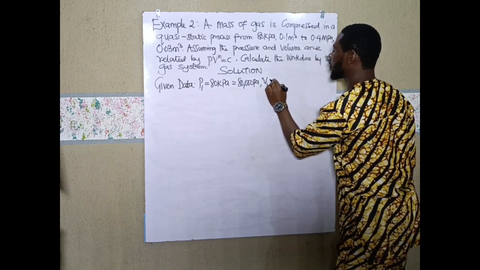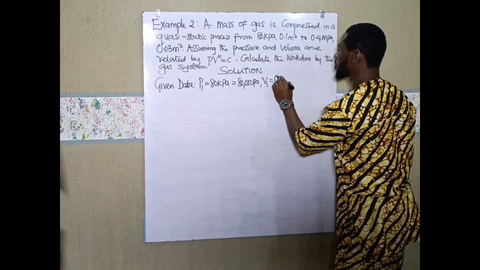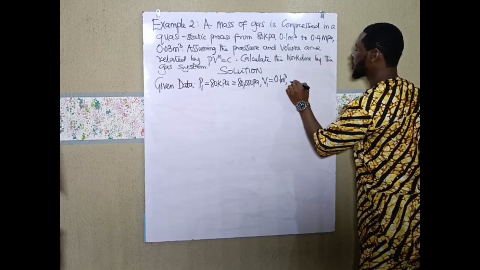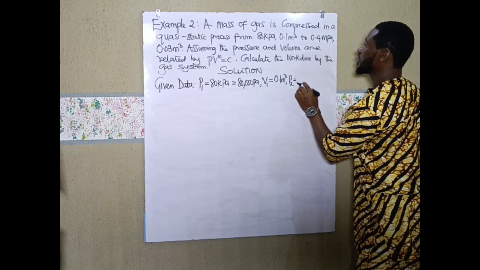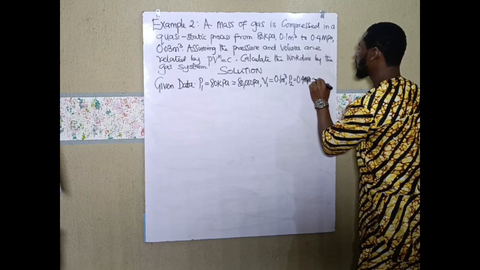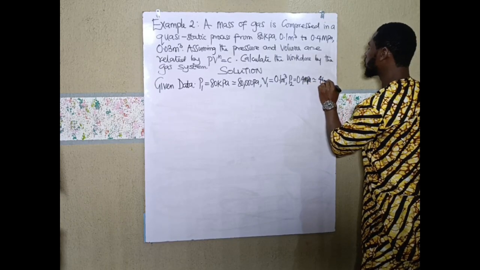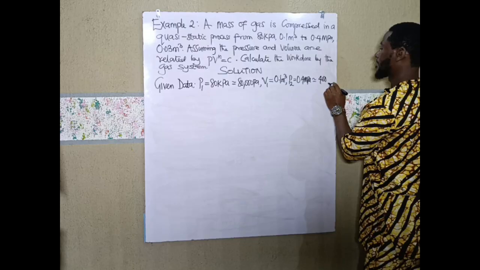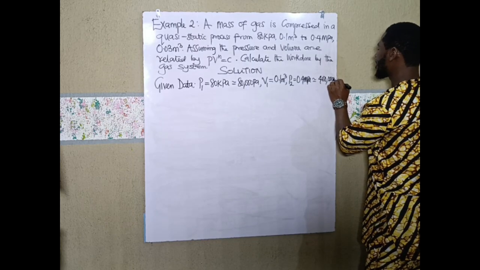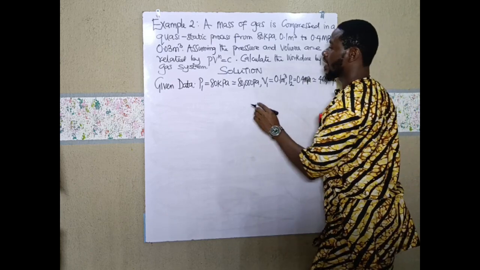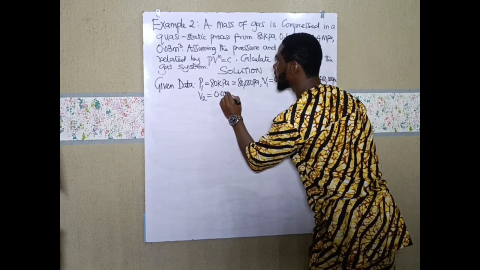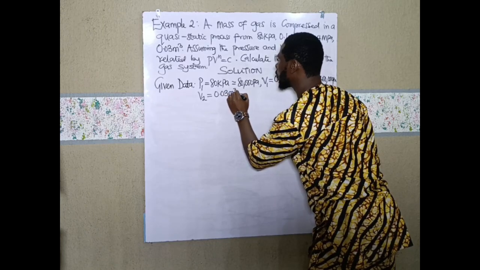Initial volume V1 is given as 0.1 meter cube. The final pressure P2 is given as 0.4 megapascal, which is the same thing as 400,000 Pascal. And the final volume, V2, is given as 0.03 meter cube.